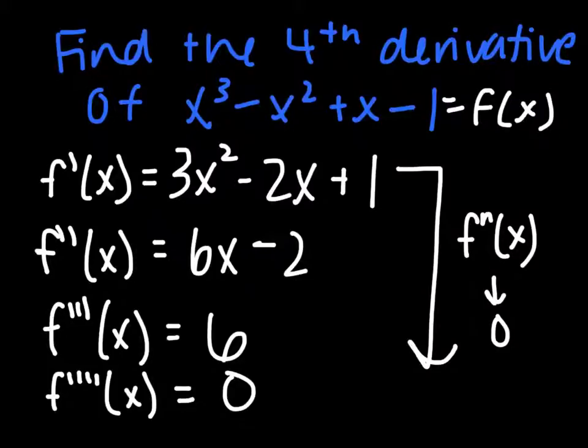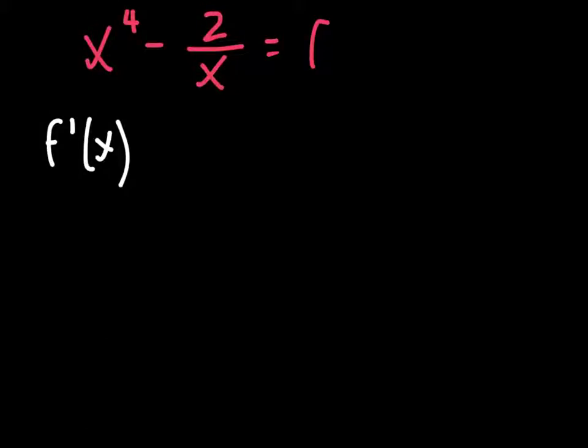And I guess we can just do one more. I'm just gonna make one up. Let's say we have x to the fourth minus 2 over x, and this would equal f of x.